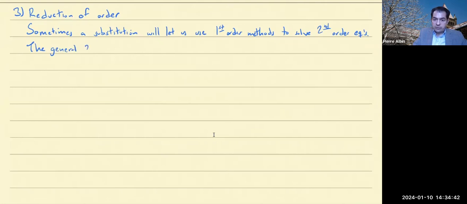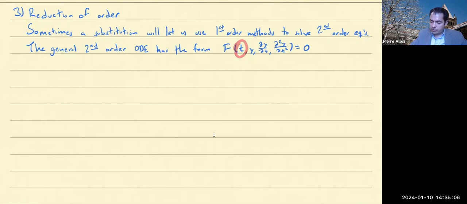The general second order ordinary differential equation has the form capital F of t, y, dy/dt, second derivative of y with respect to t equal to 0. Right, so you have your independent variable, your dependent variable, and the first two derivatives of your dependent variable, right?